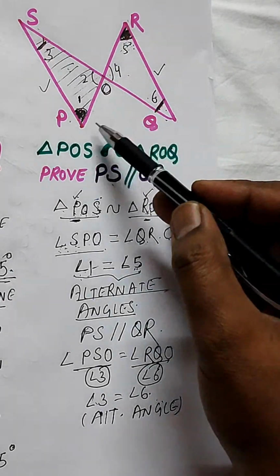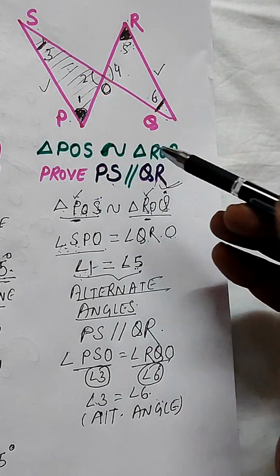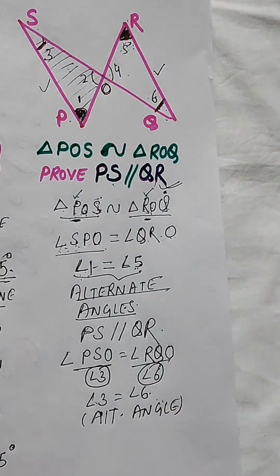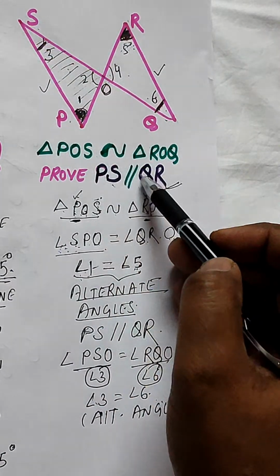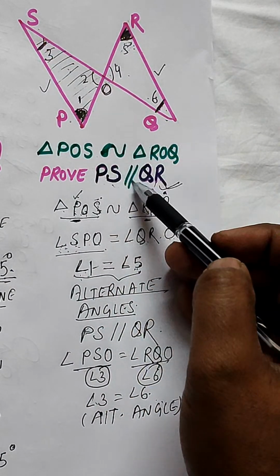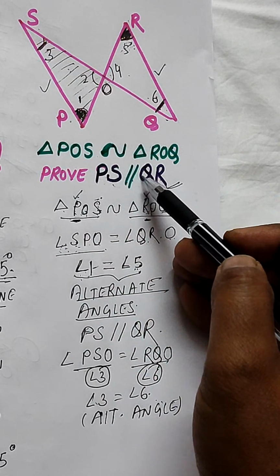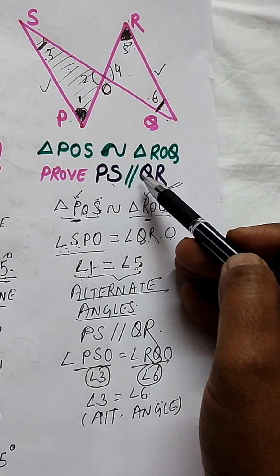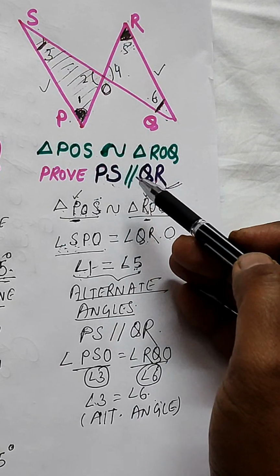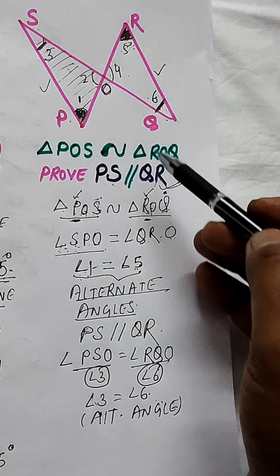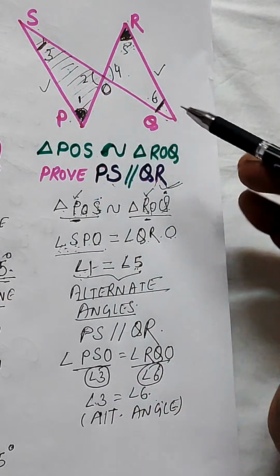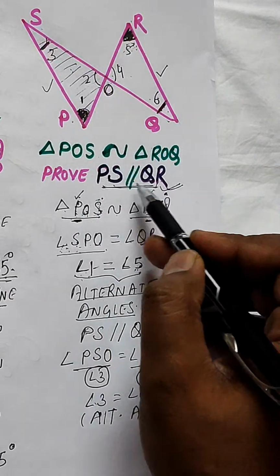So the last part of the question is that if two lines are parallel, this criteria is given to you.